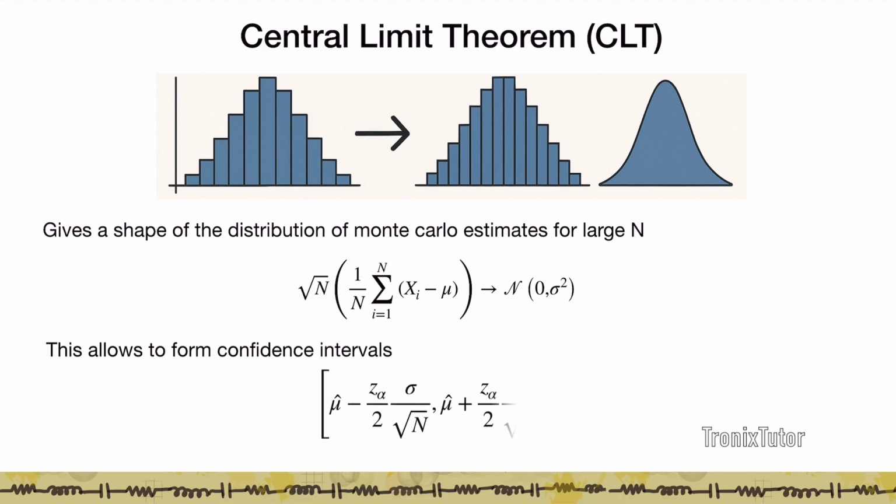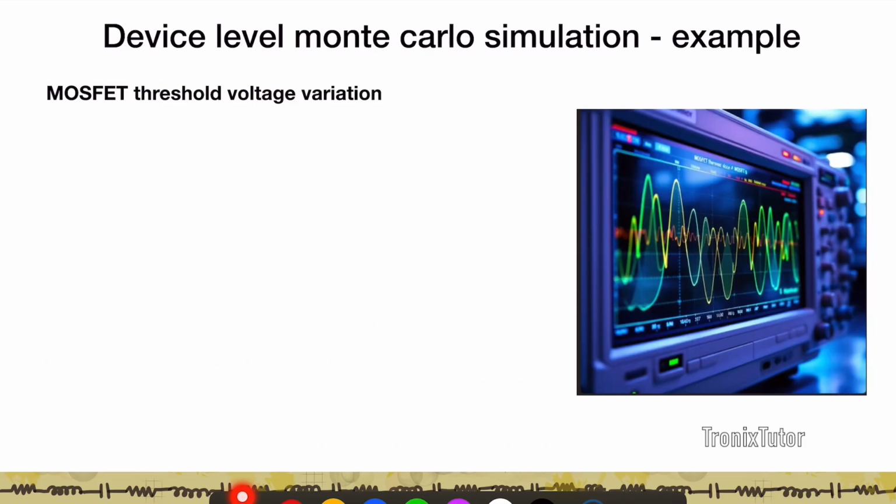So since you can now assume your Monte Carlo simulation is normal, you can create confidence intervals, and you can figure out, okay, what is the probability that 95% of my die are going to work? What is the probability that 99% of my devices will be on target, right? Knowing it is normal, you can start putting numbers for the percentages.